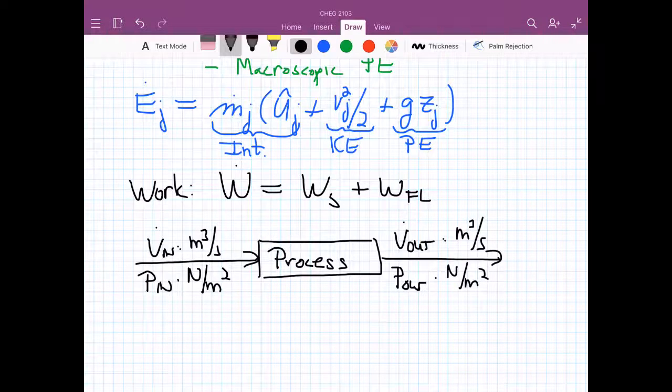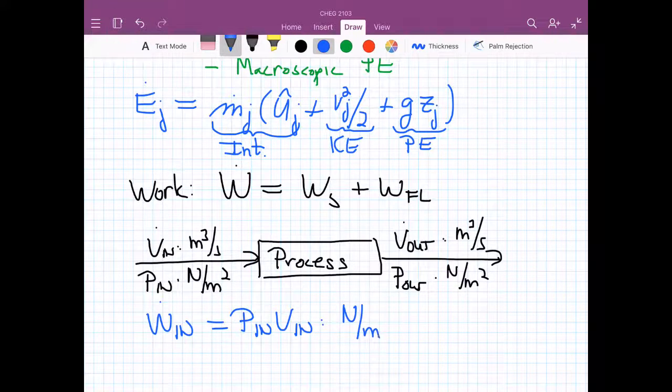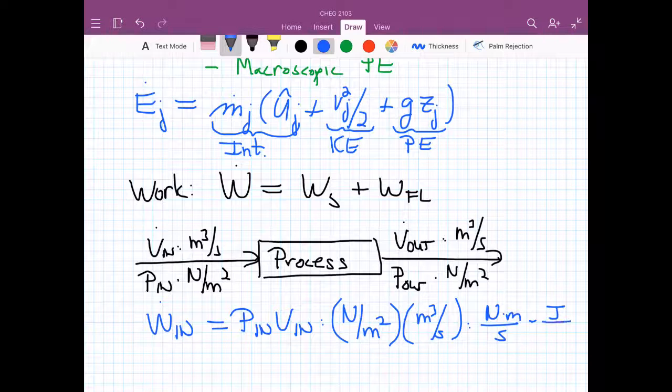And so I can say that the work done by the fluid in moving through the process, getting it in, W in, is P in V in. And if I look at the units on that, it's going to be newtons per meter squared times meters cubed per second, which if I do it out is newton meters per second, which is a joule per second, which is a watt, which is a unit of energy per unit time. So that volumetric flow rate times the pressure it's at gives me a work term.